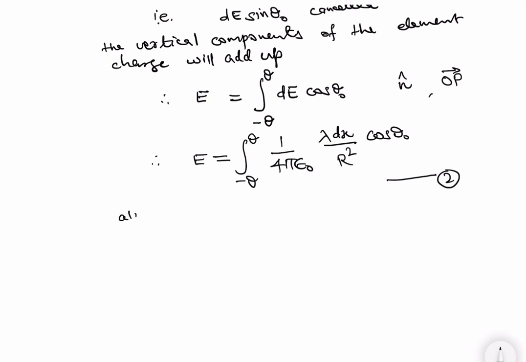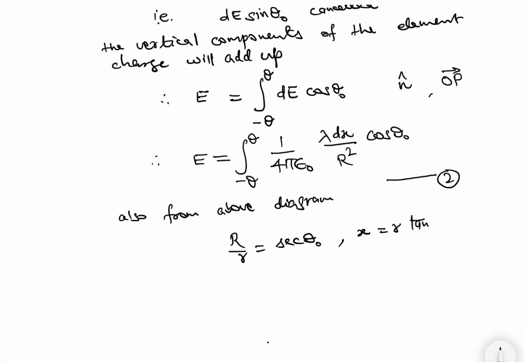Also from the above diagram, r by R is equal to sec theta naught, and x is equal to r tan theta naught.